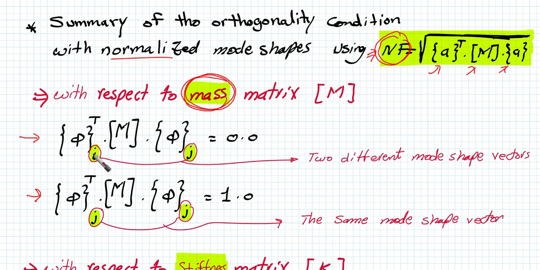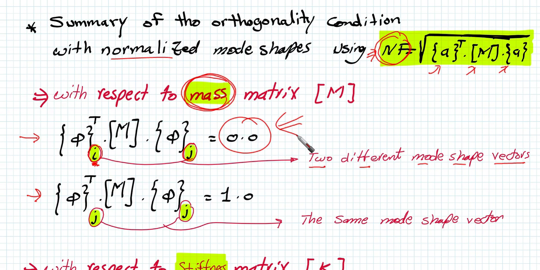Whenever we have one vector phi I transpose multiplied by the mass matrix, dot product with another vector, take care, they are different vectors now, meaning two different mode shapes, I and J, then this multiplication is going to be exactly 0.